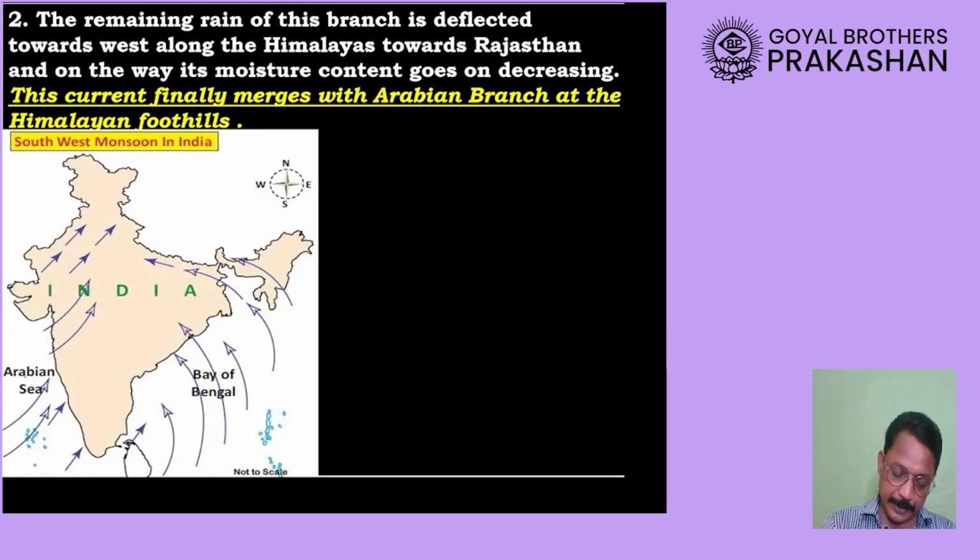Please pay attention, see this. Now this is the Arabian Sea branch of southwest monsoon winds. This is the Bay of Bengal branch of southwest monsoon winds, and these winds merge here in north central part of India. Okay, they merge in the north central part of India, and here is Himalaya mountain. So that's why we say they will merge at the foothills of the Himalaya mountain.